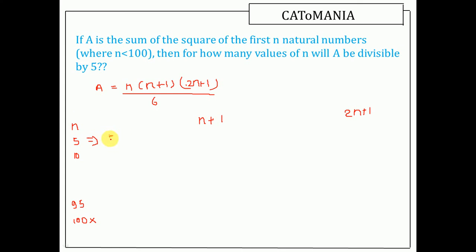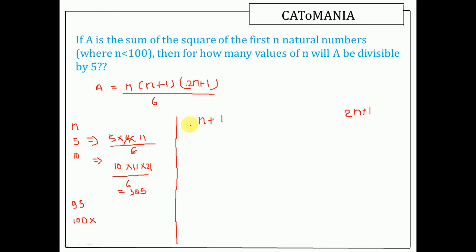So the value of a will be 5 into 6 into 11. So the 5 will remain, meaning it will be a multiple of 5. Just check for 10 into 11 into 21 divided by 6. Again, you have seen the value of this is 385. So for n equal to 10, a will be divisible by 5.